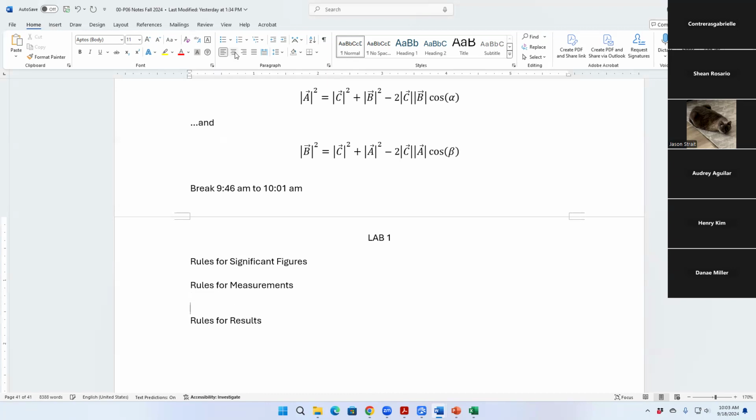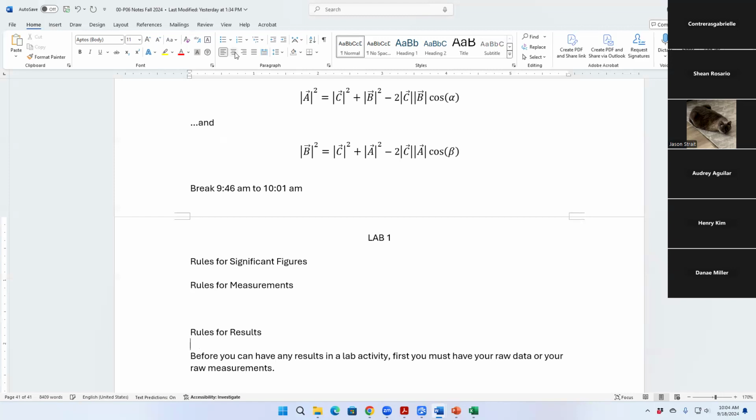Before you can have, and let's not forget, before you can have any results in a lab activity, first you must have your raw data or your raw measurements.